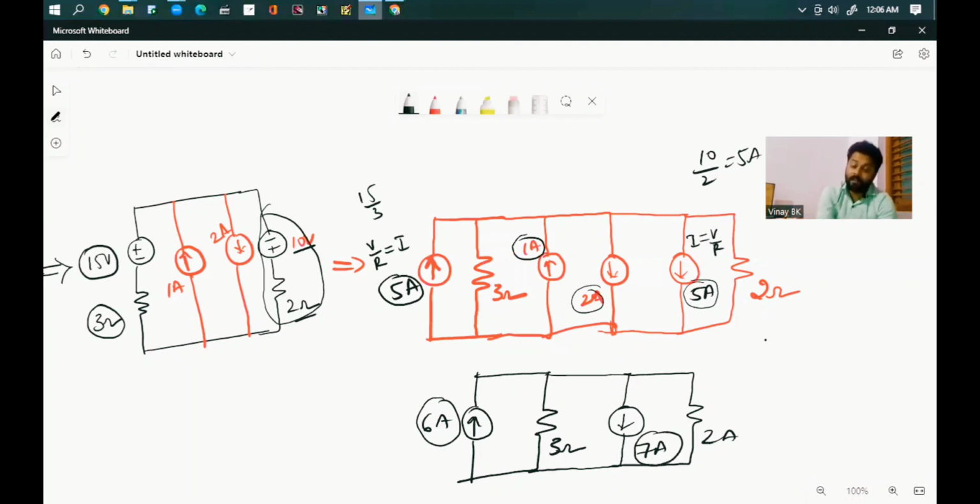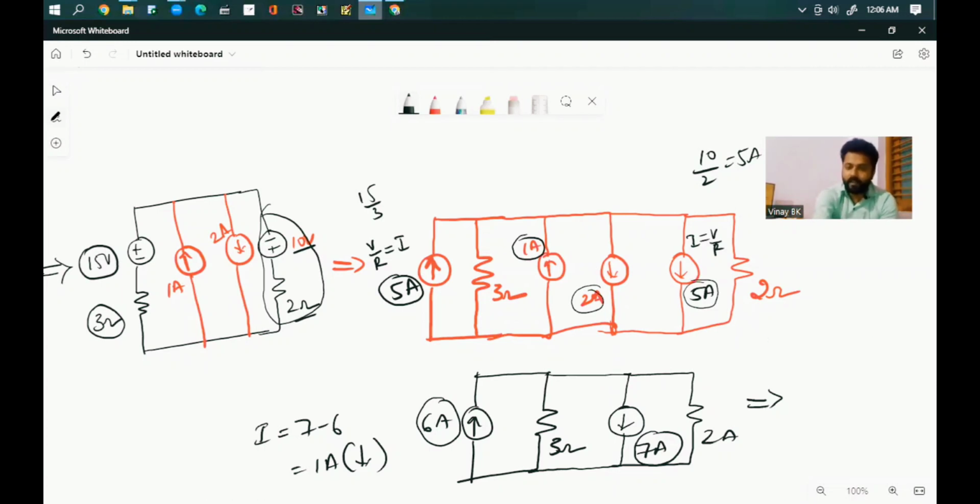Which is having the highest magnitude? The downward direction current source has the highest magnitude, so 7 minus 6 is nothing but 1 ampere, and the direction is downward because the highest magnitude is in the downward direction.